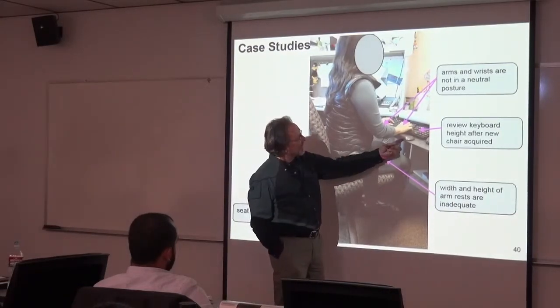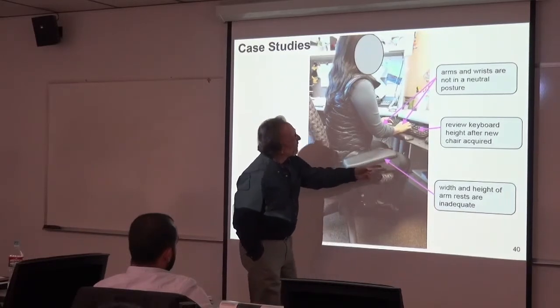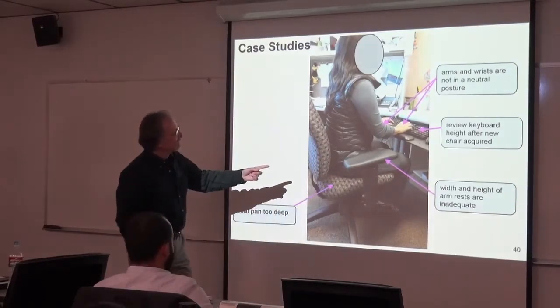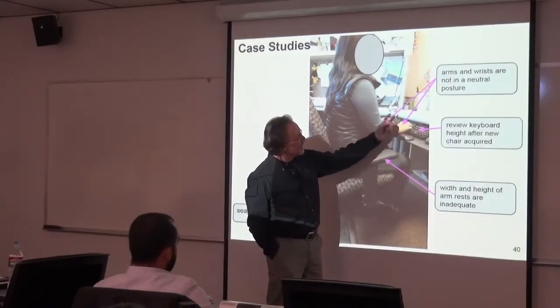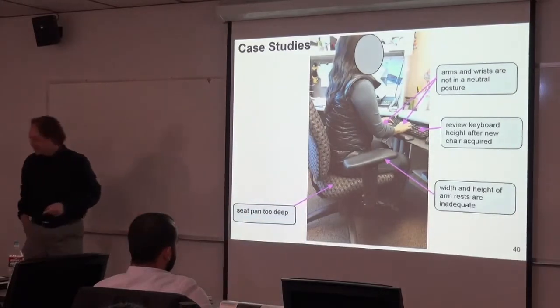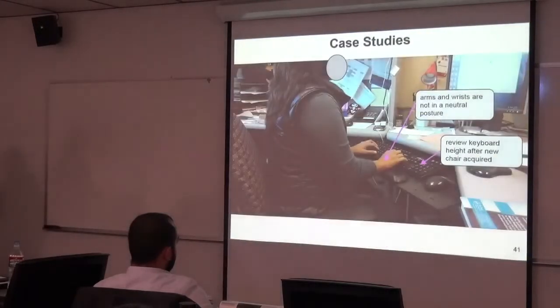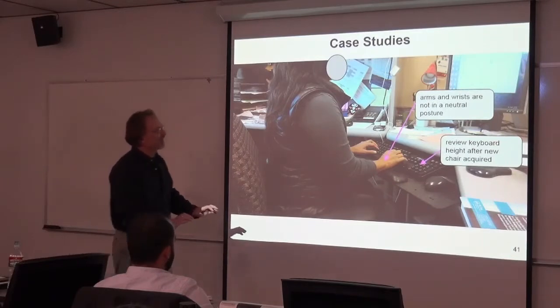Again, look at the wrist rest. She has her wrist crammed down on the wrist rest. She adjusted her chair because this wasn't adjustable, and her feet are dangling. And typically not in a neutral posture because of that stupid wrist rest.